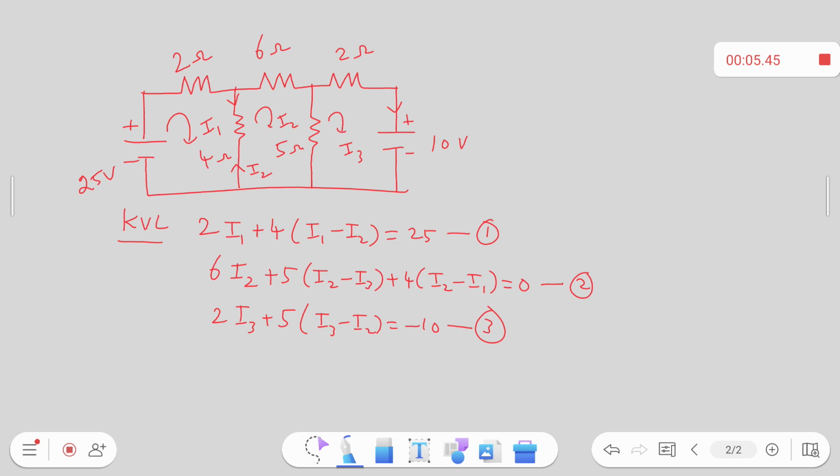Now what we are going to do is frame Cramer's rule. To apply Cramer's rule, I need to form an equation. That equation says that the matrix is 6 minus 4 0, minus 4 15 minus 5, followed by 0 minus 5 7. This is my R matrix, followed by my unknowns, which are currents, so I am writing I1, I2, I3.